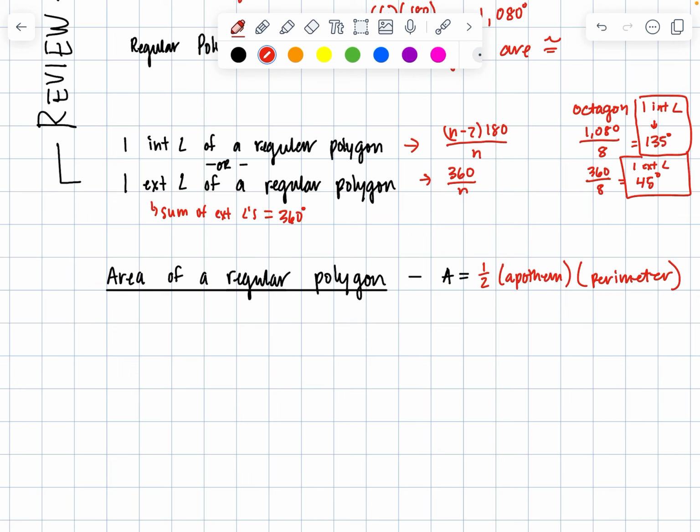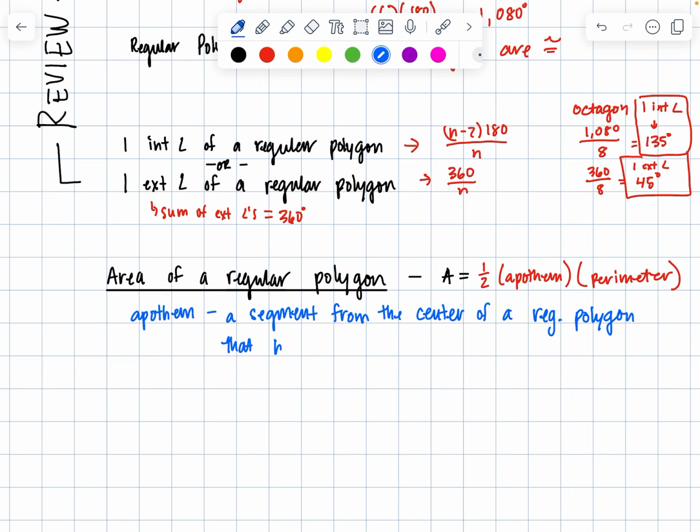And let's do some definitions. In blue, let's define what an apothem is. An apothem is a segment from the center of a regular polygon, and bisects and is perpendicular to one of the sides.